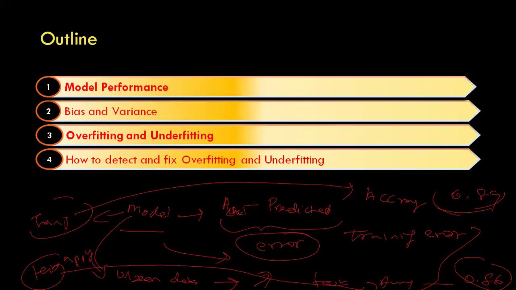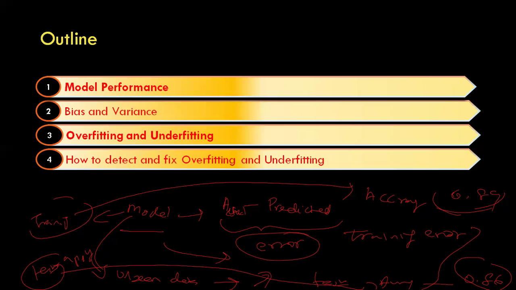So after you train your model, you test your model's performance using the test data set. Your model accuracy is something like 0.91 or 0.89, which, since it is close to 1, we say the model performance is good.